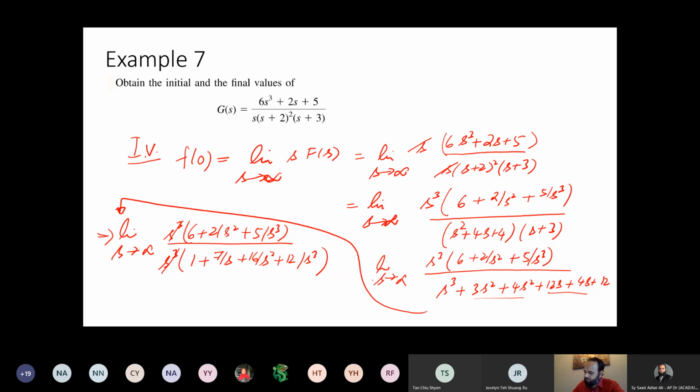S cube goes with s cube, and now if I apply the limit, since now s is infinity, this will be 0 and this will be 0, this will be 0, and this will be 0.